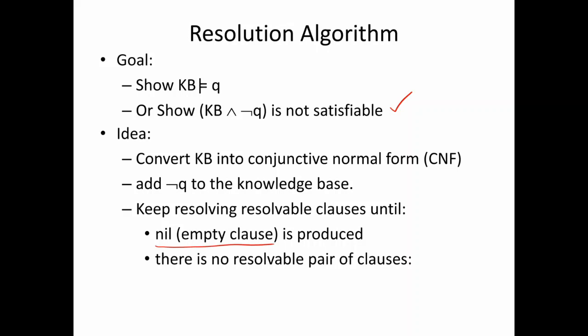You get an empty clause when you resolve two sentences that look like this. Or you stop if there's nothing else that you can resolve. In the first case, we'll have shown that the knowledge base entails Q. In the second case, we'll have shown that it does not entail Q. So this is actually proof by contradiction in disguise.